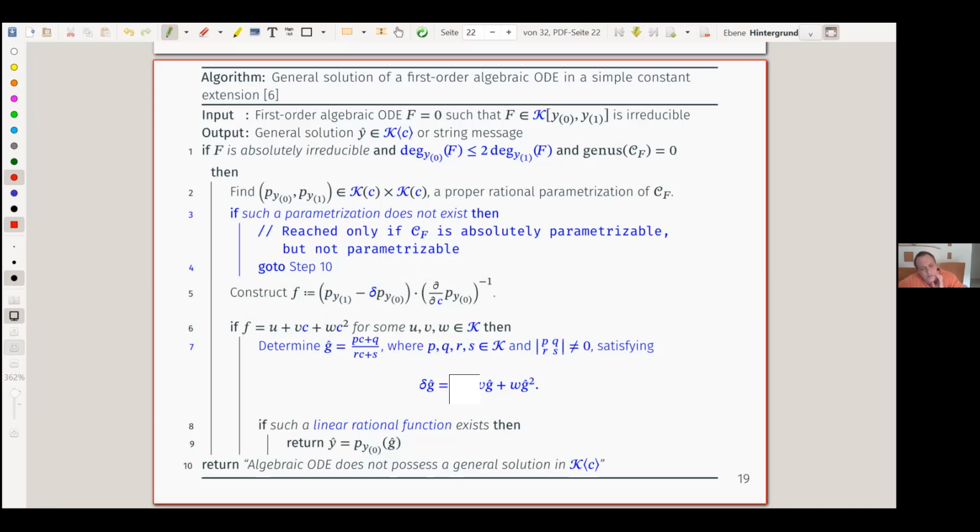We are looking for linear rational functions of this form, which are Möbius transformations, which means the determinant of this must be non-zero, which solves this equation. And if we can do so, well, we just plug it into the first part of our parameterization, and then this will actually give me a general solution of the original AODE.